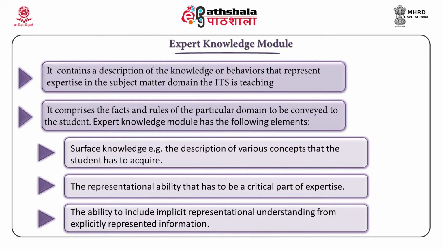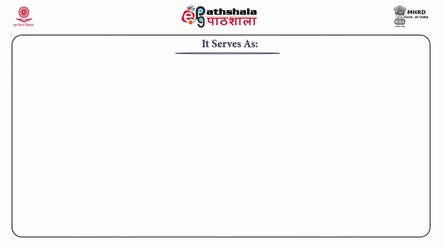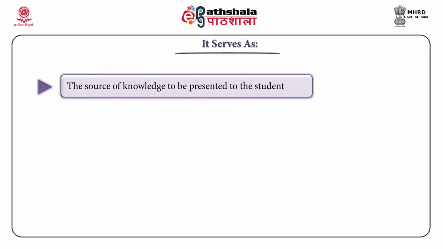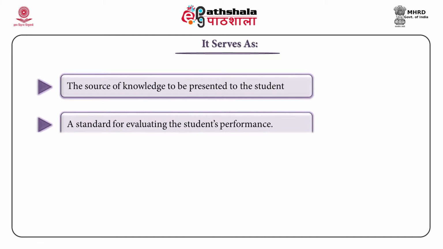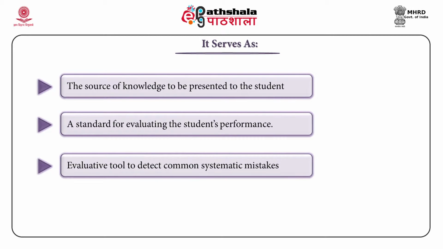The expert knowledge module or domain expert serves as the source of knowledge to be presented to the students, which includes generating questions, explanations, and responses. It also serves as a standard for evaluating the students' performance. It serves as an evaluative tool to detect common semantic mistakes and, if possible, identify any gap in the student's knowledge.